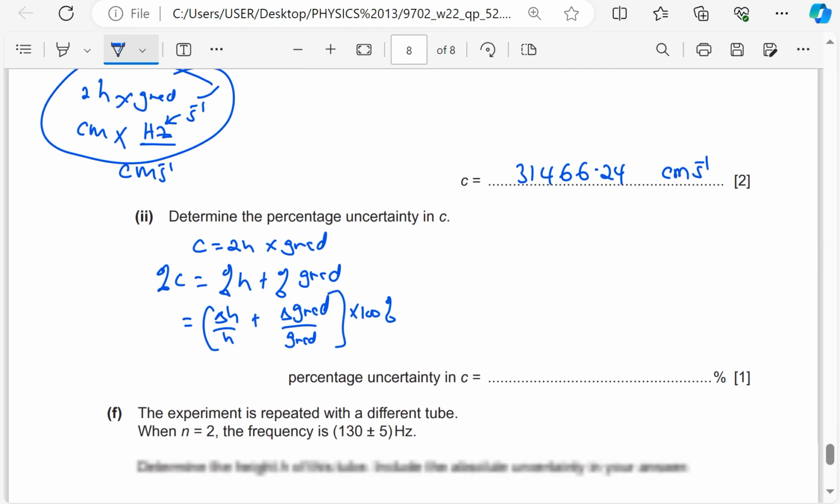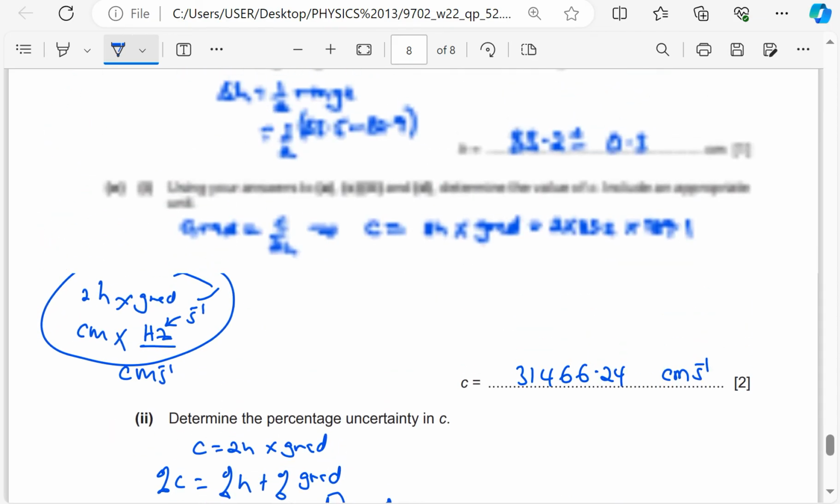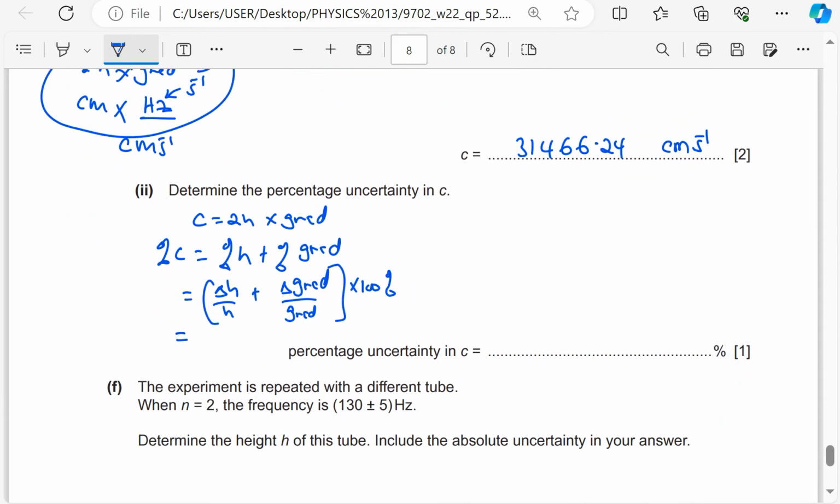I'll use this space because I want to give another method later on. For H, it was 0.3 over 83.2 plus, for the gradient, I think it was 8.6 divided by 189.1. Then I'll multiply this by 100.